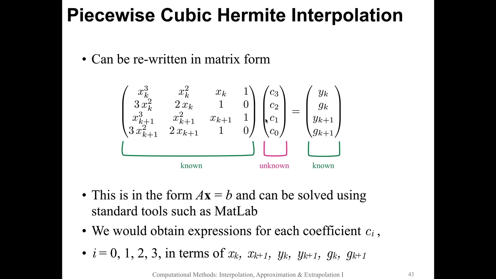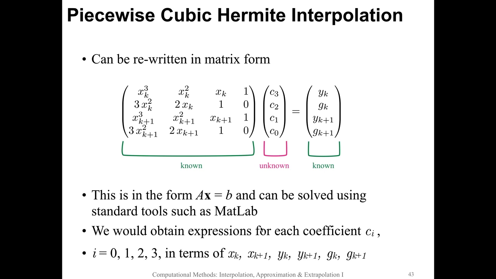And what we don't know, what we'd like to find out, are the values for the coefficients, the c's in this case. And so we have an equation in the form Ax equals b, and this can be solved with standard tools such as MATLAB. So you can write this matrix out perhaps and invert it and then multiply it by b to get a solution. This is not really x, I should have written c here to make it match up correctly.